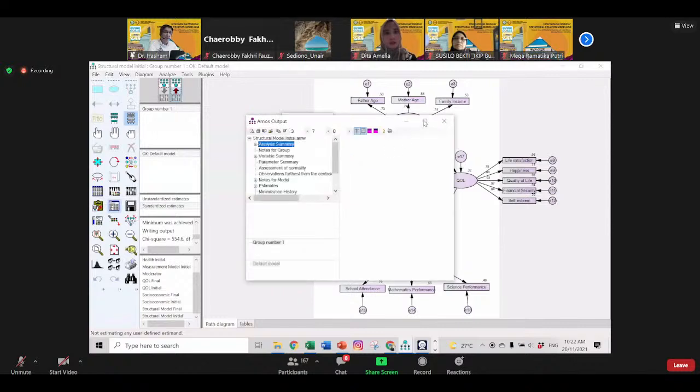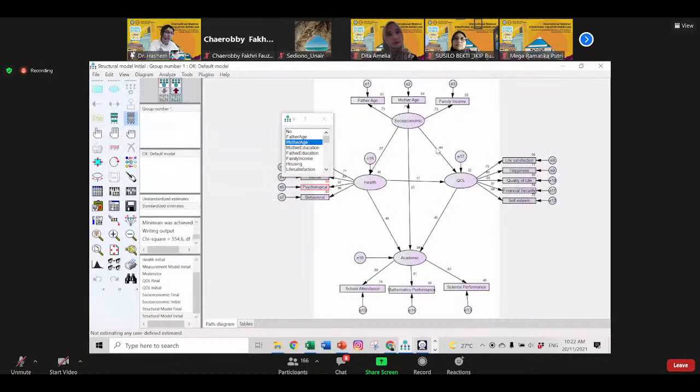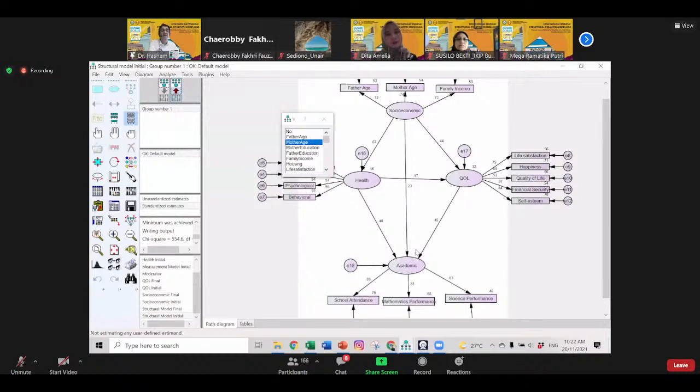When you click on view text, it shows the correlation or coefficient of socioeconomic over quality of life as 0.44, right? And the highest one belongs to socioeconomic over health, right? As you can see here, this 0.94 is R square. The R square is quite high. Do you know what R square means?